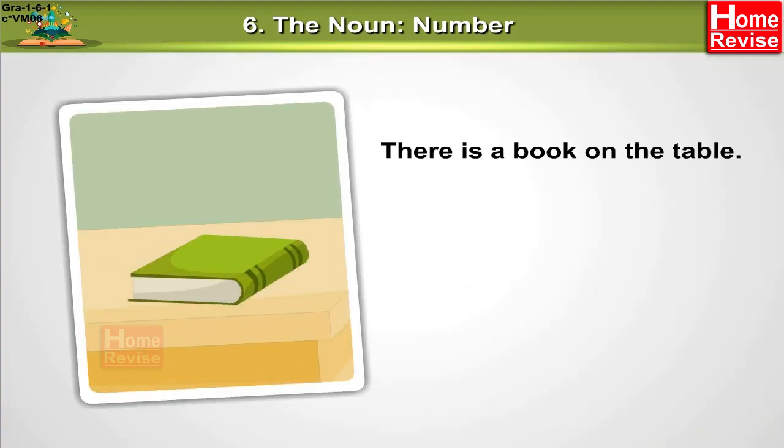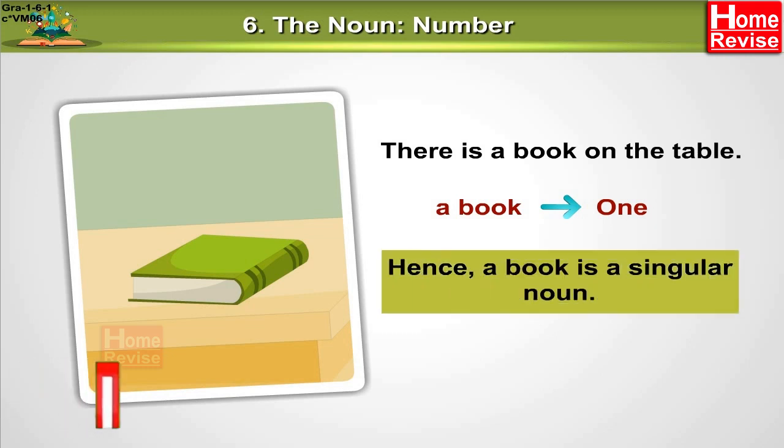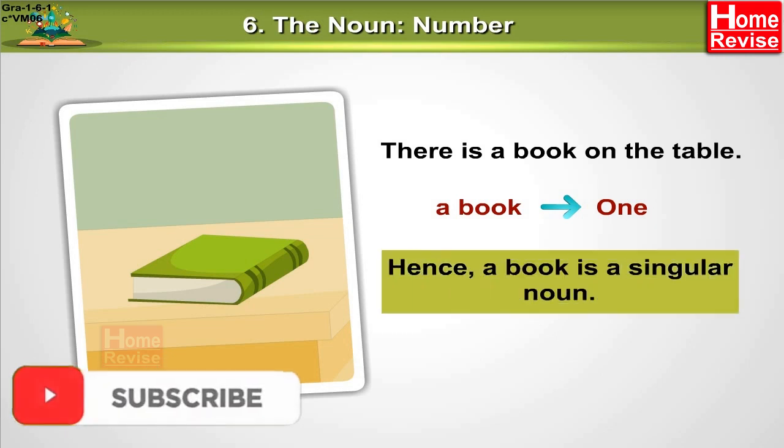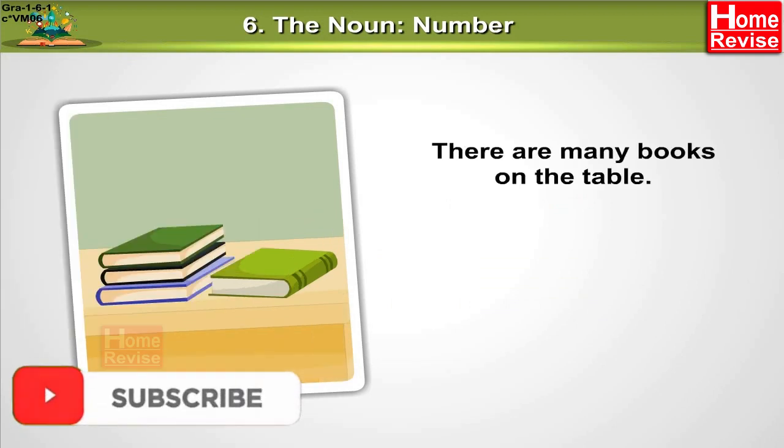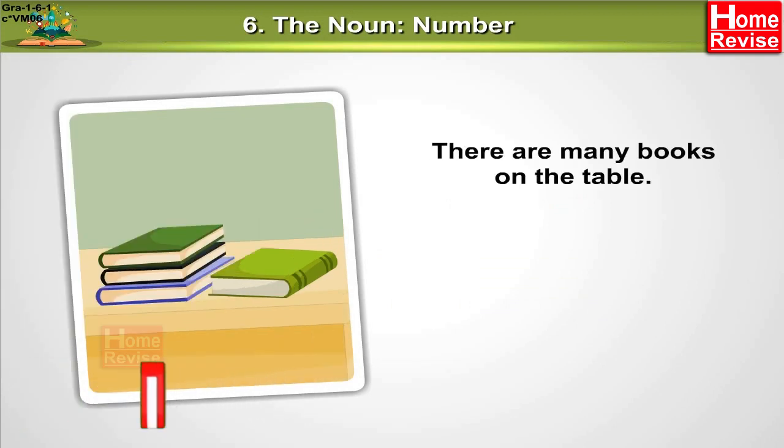There is a book on the table. Here, a book denotes the number 1. Hence, a book is a singular noun. There are many books on the table.